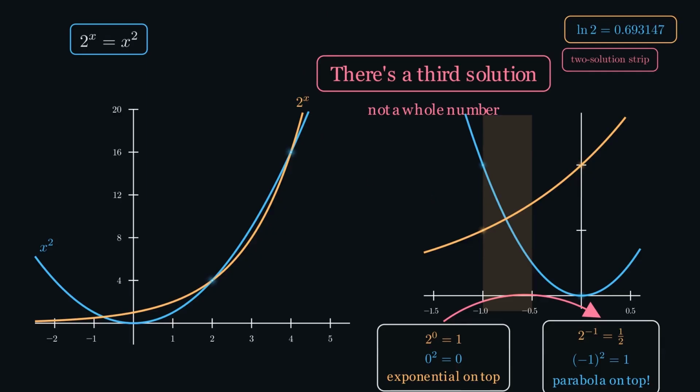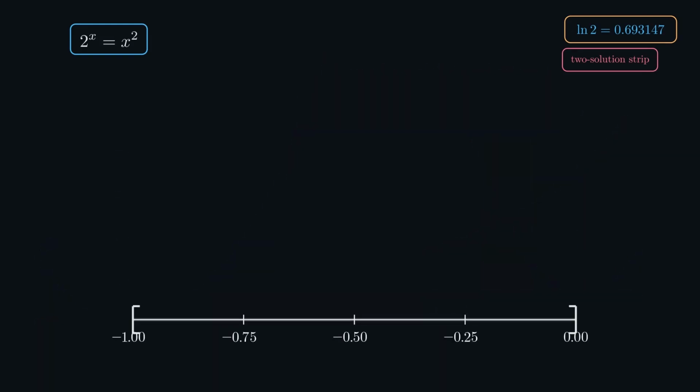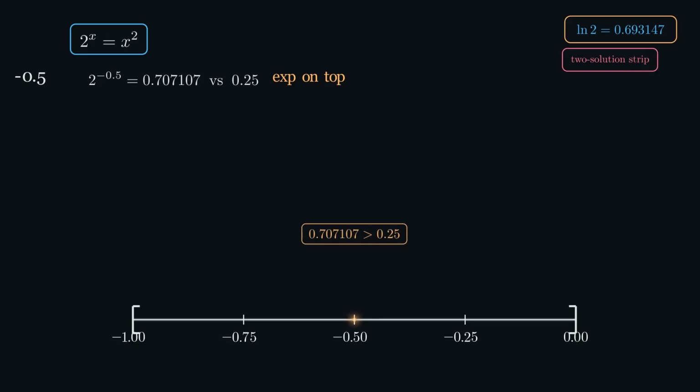I actually gasped. Okay, hunt first, understand second. Bisect it. x equals negative 0.5, 2 to that is 1 over root 2, 0.707107. The square is 0.25.